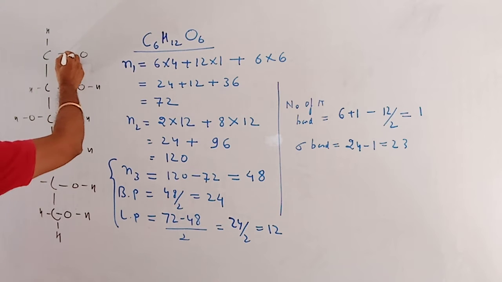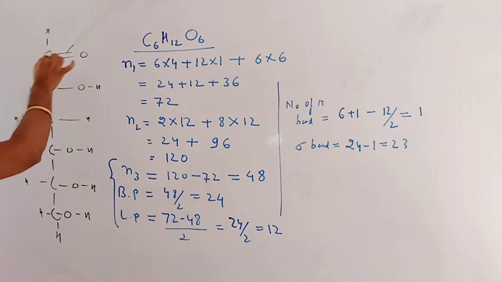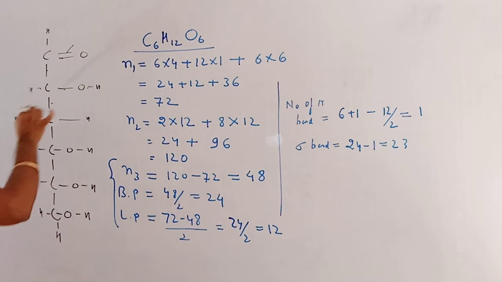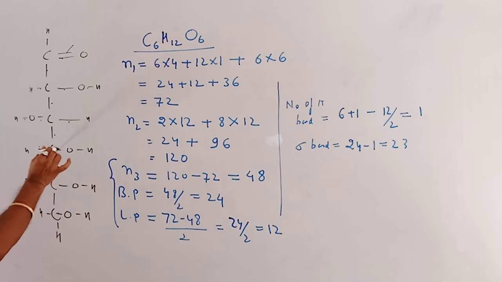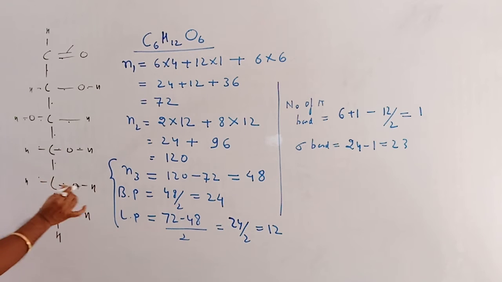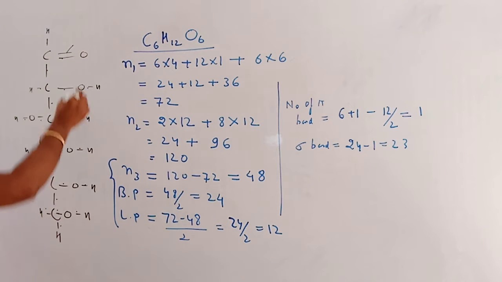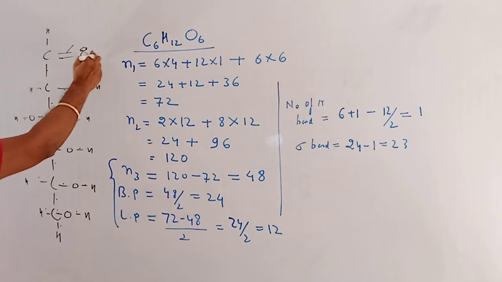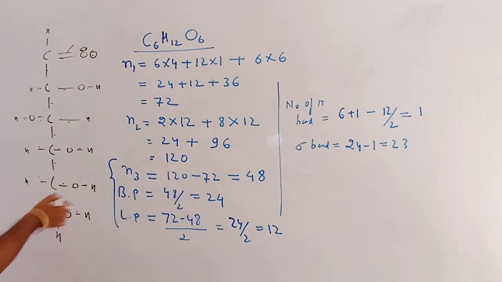So here the number of pi bonds is 1, sigma 1, 2, 3, 4, 5, 6, 7, 8, 9, 10, 11, 12, 13, 14, 15, 16, 17, 18, 19, 20, 21, 22, 23. And number of lone pairs 12. So 2 lone pairs on each oxygen. So we have 6 oxygens. So total number of lone pairs is 12. Clear? So here is the way to calculate number of sigma bonds, pi bonds as well as lone pairs in a given molecule.